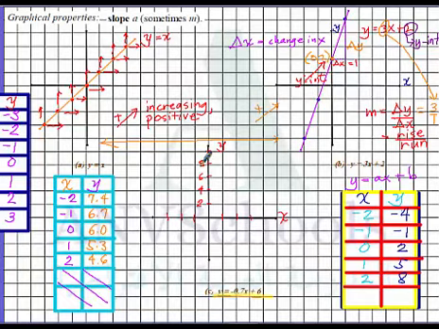Okay, so we plot the points now. We have negative 2 and 7.4, it's somewhere here.